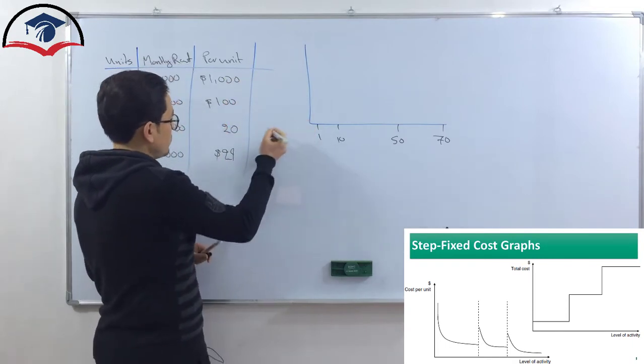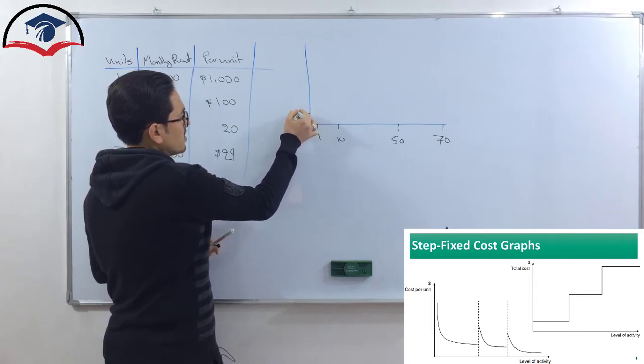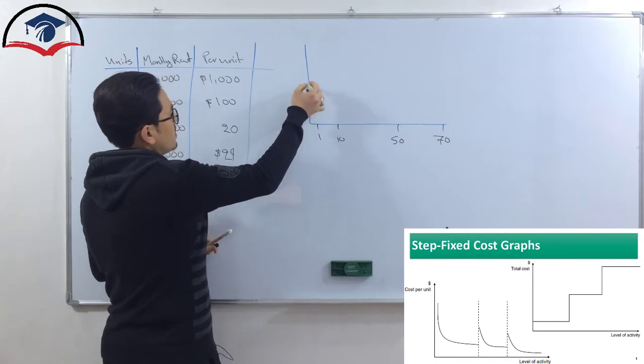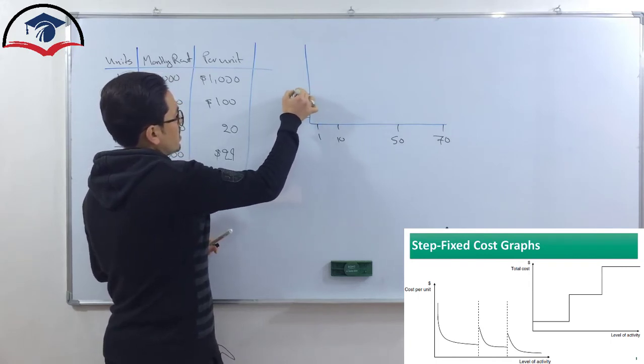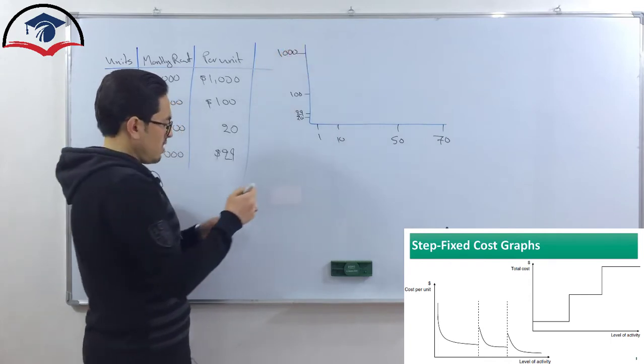Let me draw it here. Suppose $20 is here, $29 is here, and $100 is here, and $1,000 is here.